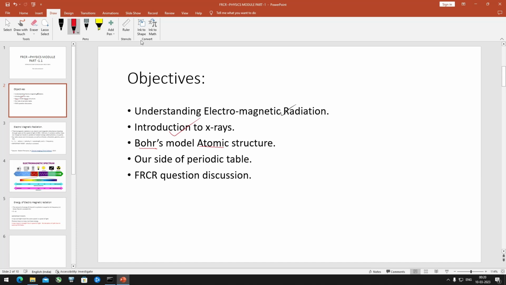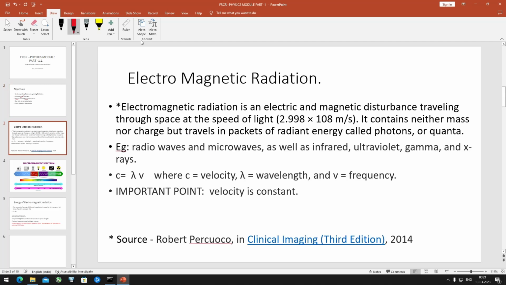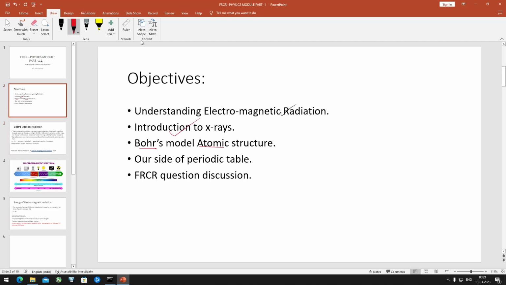Which atomic elements are important for us? There are a certain number of elements which we require, the most important being tungsten, and maybe the second most important being lead.